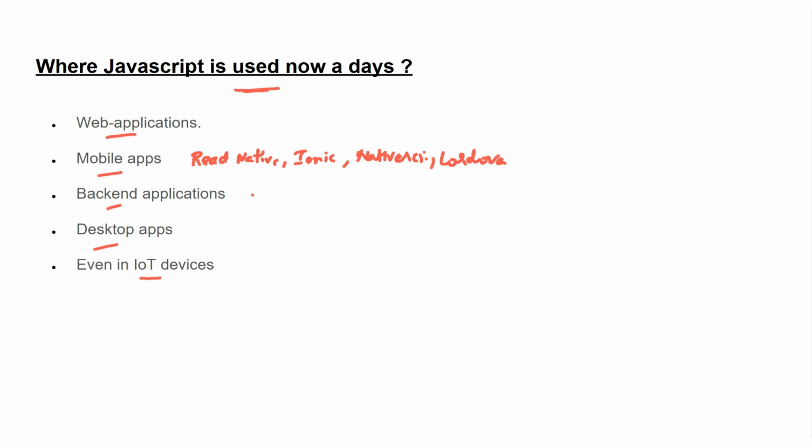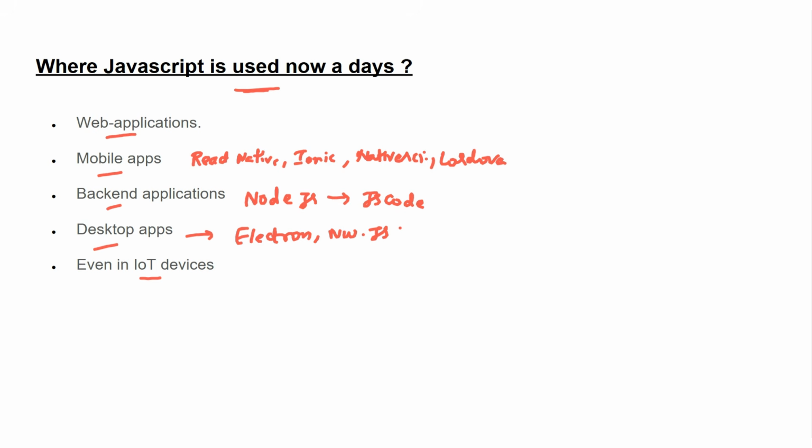So by using these, we can easily build mobile applications as well. And we can create backend applications by using Node.js. Node.js provides a runtime environment where we can run our JavaScript code so that we can create backend applications. And we can create desktop applications by using Electron and NW.js.